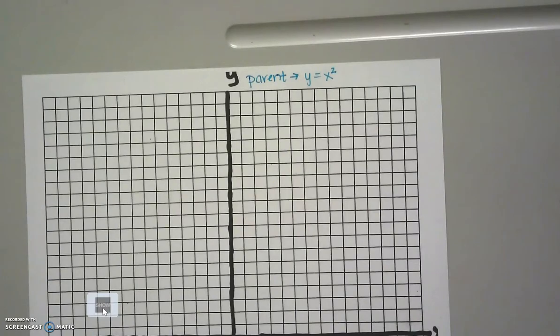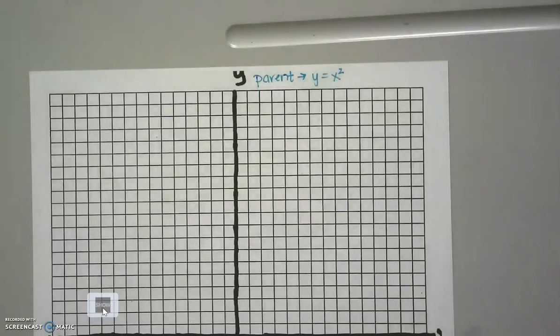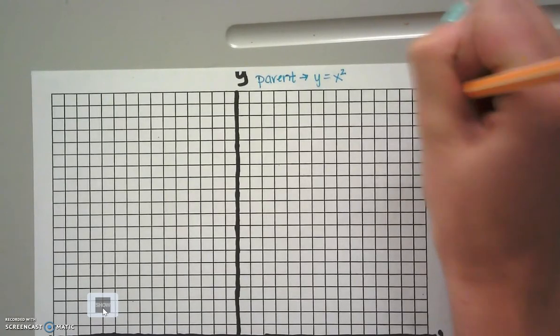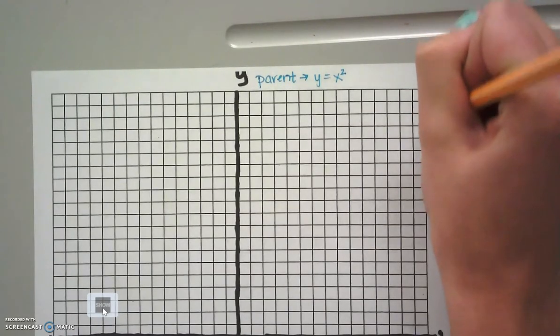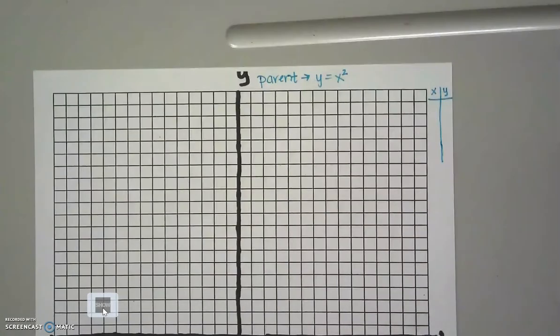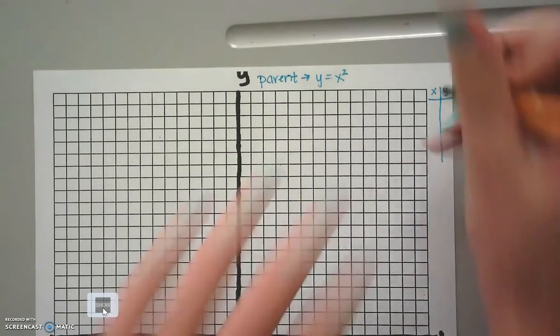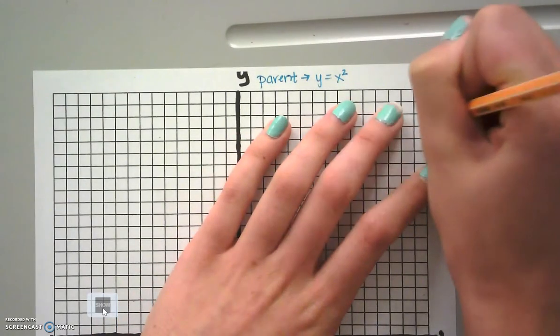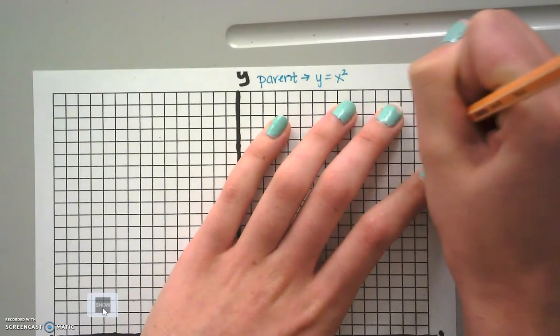We can make a t-table, an xy chart, for this parent function. So I'm going to do it on the side here, kind of small. I'm just picking points at random. I'm going to start with -5, -4, -3, -2, -1.